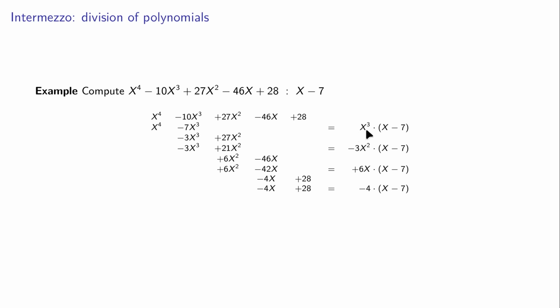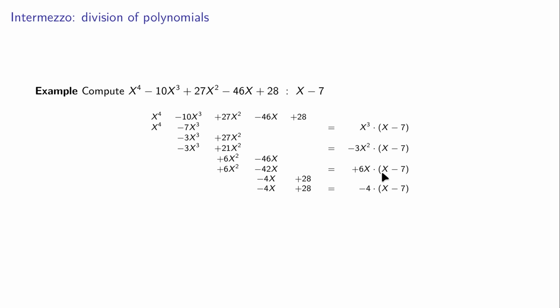So we multiply it with x cubed, we do the computation, we subtract, we have eliminated the degree 4 factor, and now we have a remainder which is of a degree less. So we repeat this algorithm.